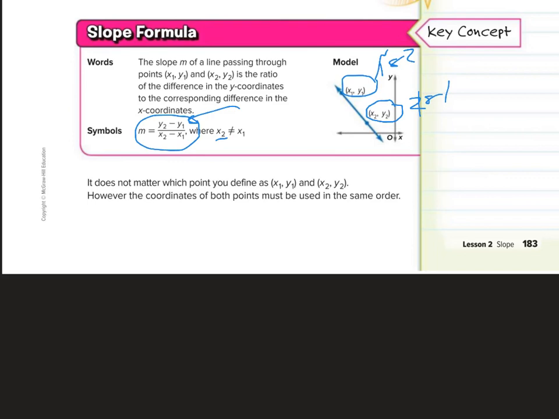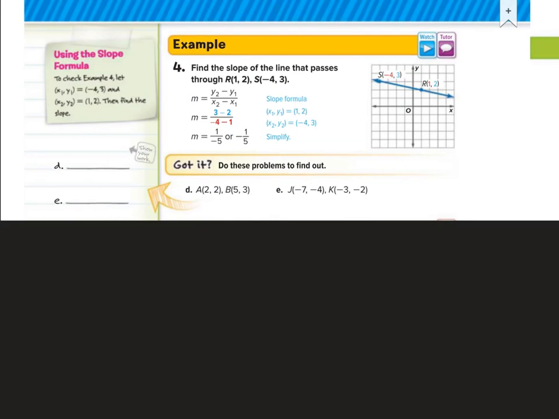It does not matter which point you define as x1, y1 and x2, y2. However, the coordinates of both points must be used in the same order. So remember to keep the same order, but as far as the 1s and the 2s, it doesn't matter as much as long as you keep them in the same order. So that's important.